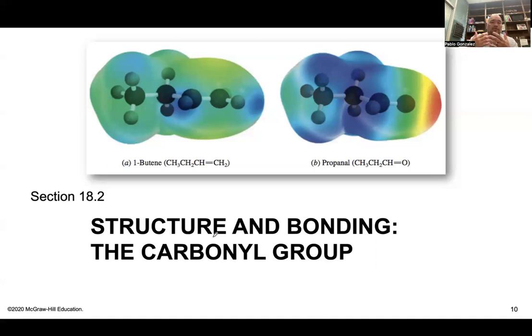So all the carbonyls in ketones and aldehydes, in carboxylic acids, whatever molecule has a carbonyl group, that carbonyl group is flat, so it can be attacked by a nucleophile from two faces, from the front or from the back side. And also because it's a carbonyl group, you're going to have a dipole moment due to the difference in electronegativity between the oxygen and the carbon.